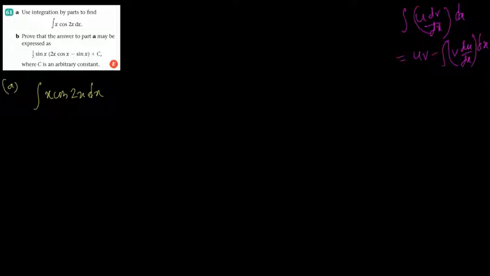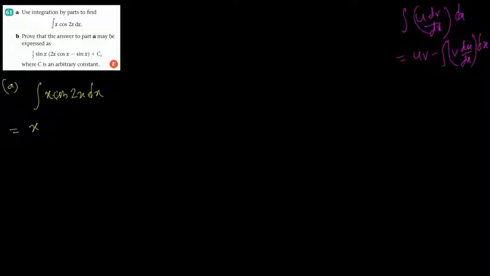This has no limit, so the formula would be the integral of u dv by dx equals uv minus the integral of v du by dx. By LATE, algebra comes first, trigonometry comes later on, so u is algebra, so this is u.